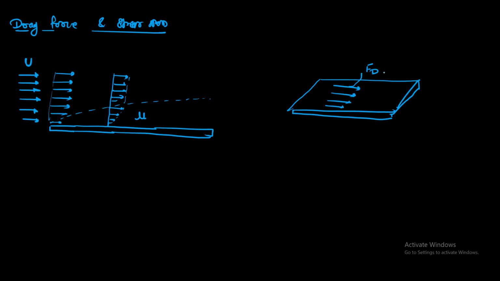Okay. And basically this drag force is because of the shear stress, which is the tau zero. Zero means what? This is the shear stress acting at the bottommost layer, where the y value is equal to 0. Basically, we measure the y in this direction, and this is the direction along the velocity. So this is the x direction.